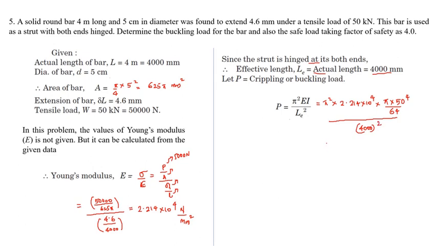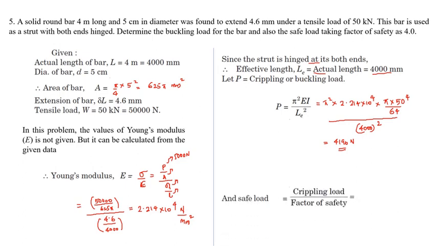So we get this value as 4190 or 4189.99, that is 4190 Newton. So we'll get the value for the crippling load as 4190.